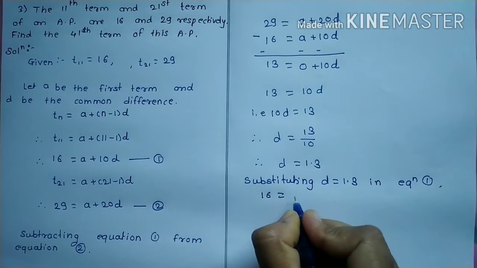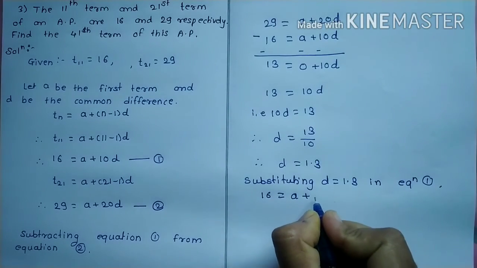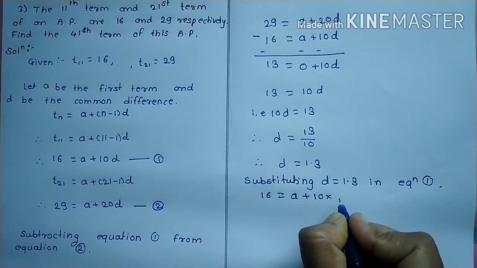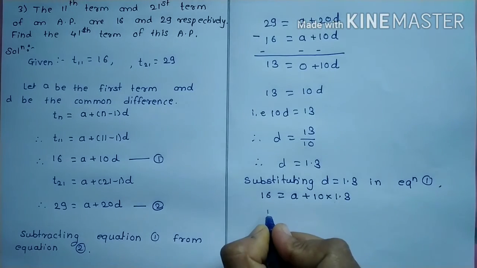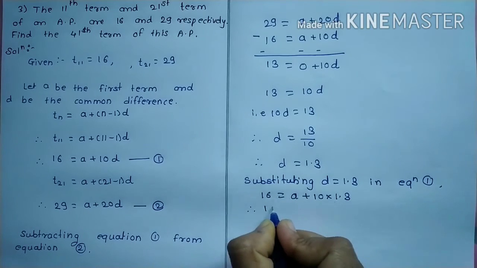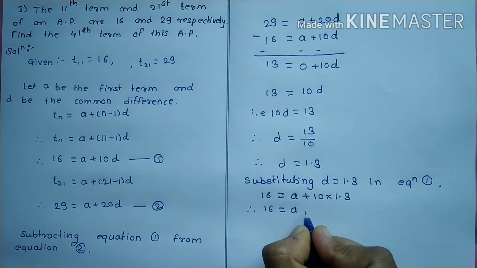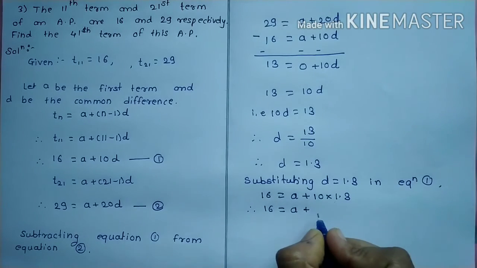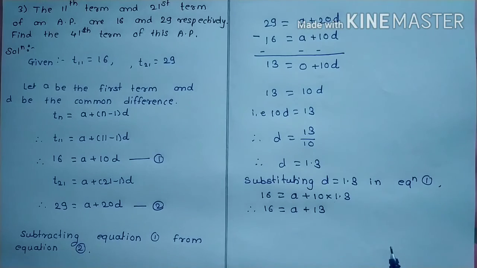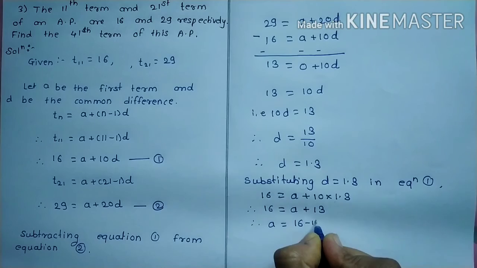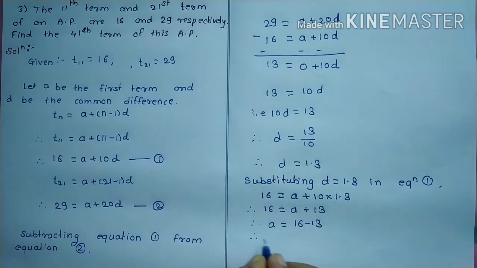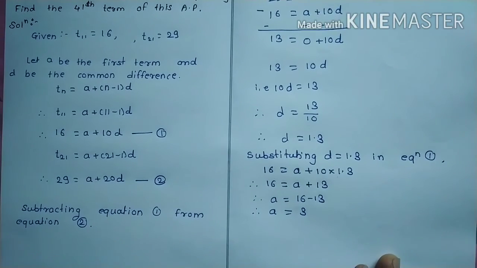16 equal to A plus 10 into D, which is 1.3. Therefore 16 equal to A plus 13. Therefore A equal to 16 minus 13. Therefore A equal to 3. Now we have to find T41, that is the 41st term.